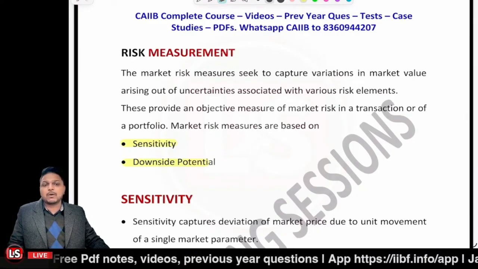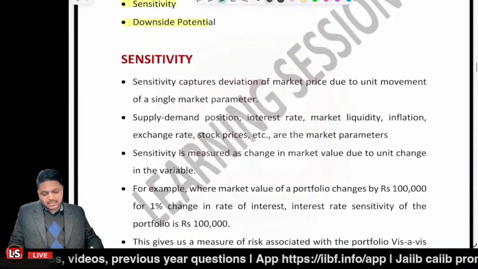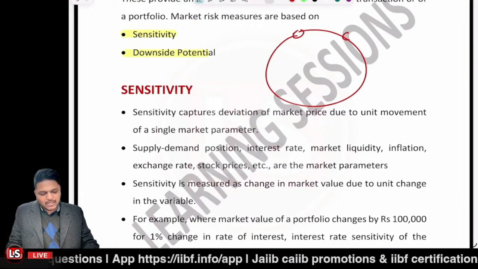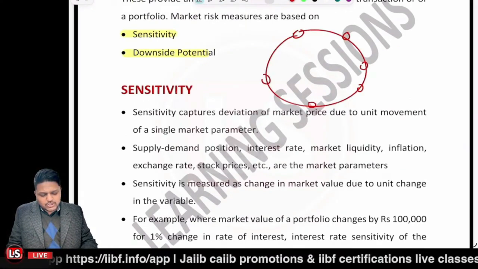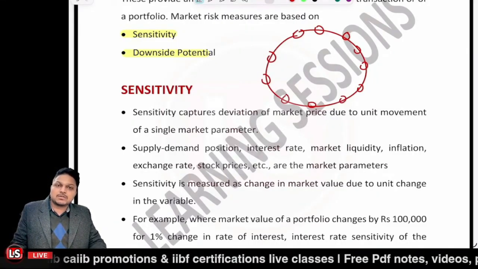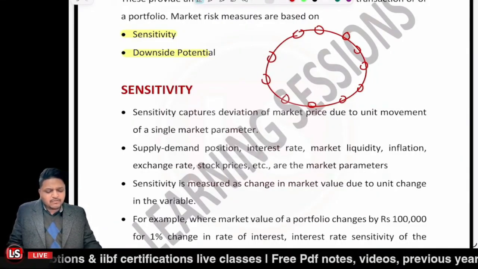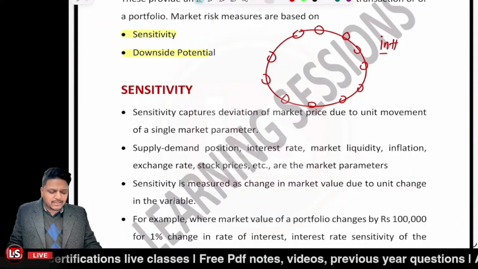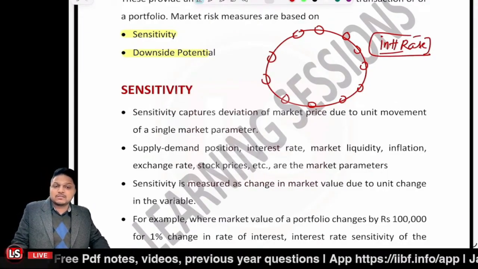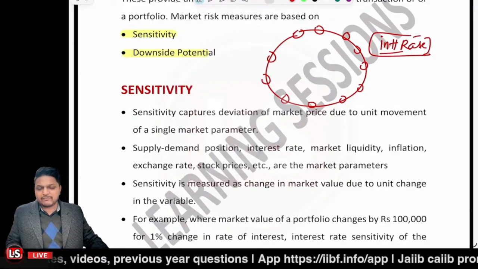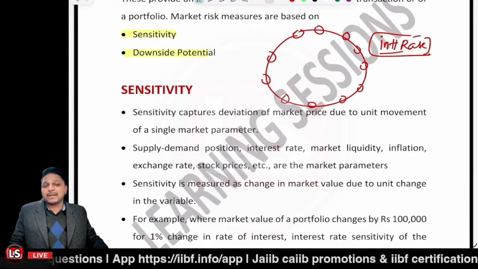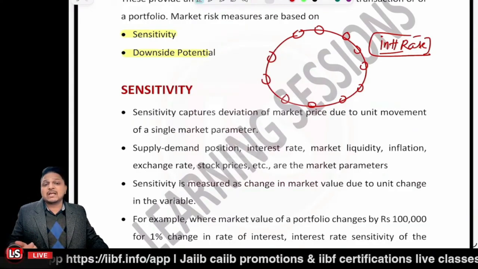Whenever we are talking about sensitivity, there are multiple parameters or variables in the market which change simultaneously and impose a risk in the form of market risk. Let's say I'm considering just a single parameter, interest rate, and all others are fixed, which is not a practical case, but let's say I'm looking into the deviation in market price due to the unit movement of a single market parameter.